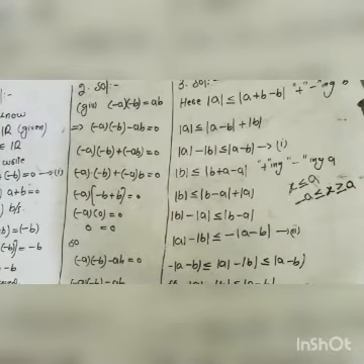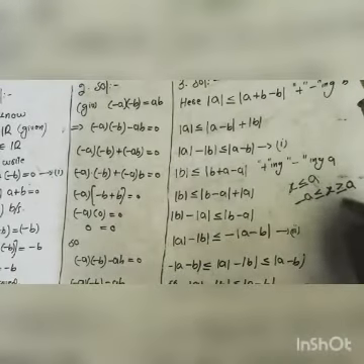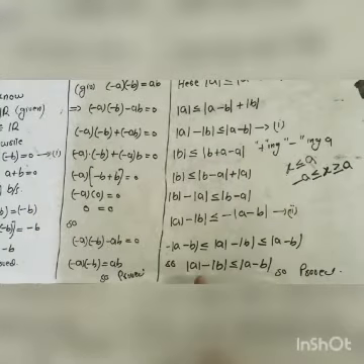This is our rule. So we apply it in this equation, and we can write ||A| - |B|| is less than or equal to |A - B|. So proved.